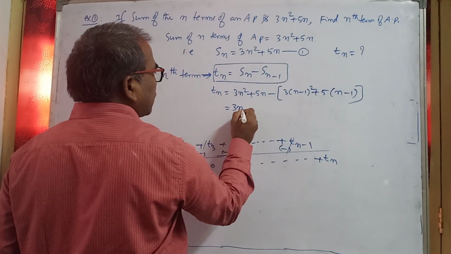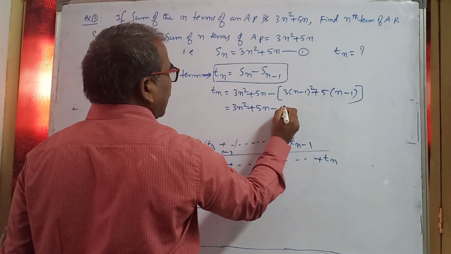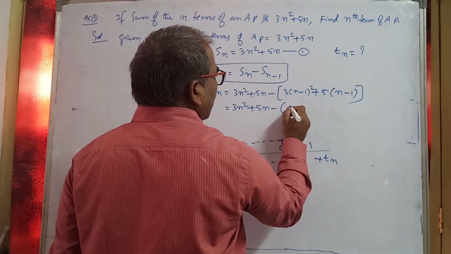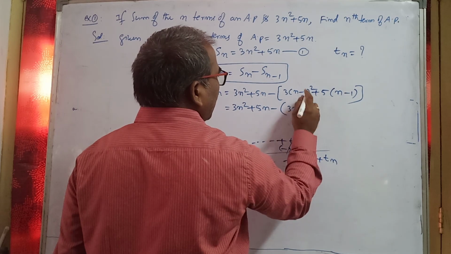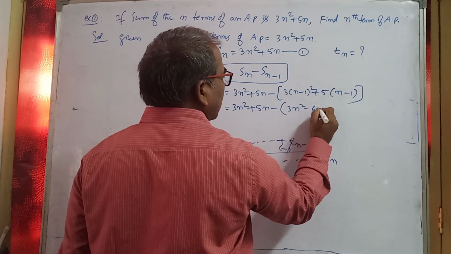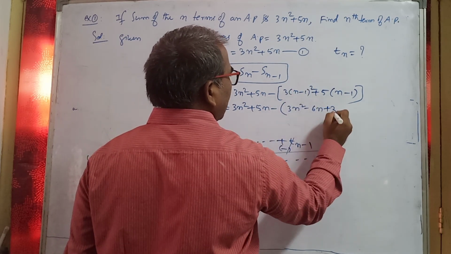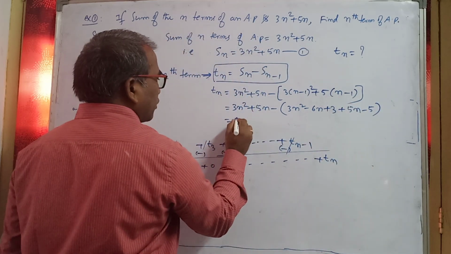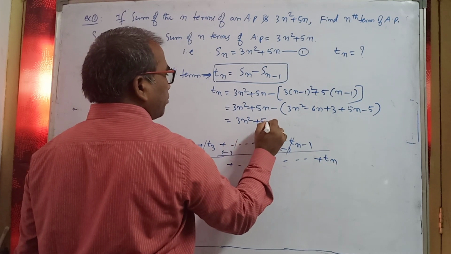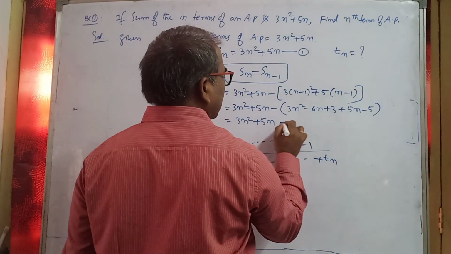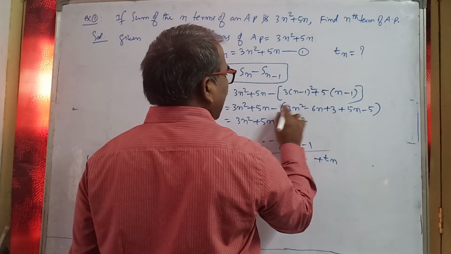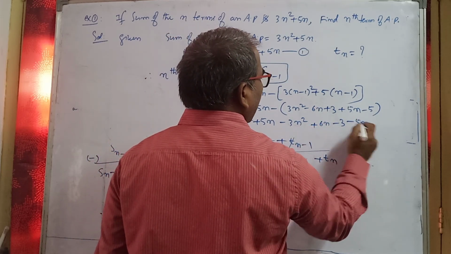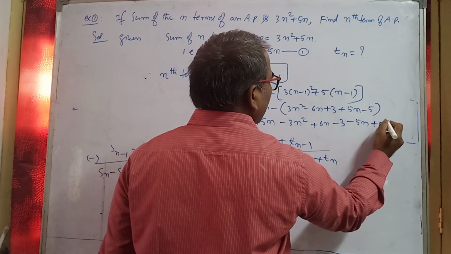Now remove the brackets. 3n square, 5n. First remove the inside brackets: (n minus 1) whole square. And 3n square I am writing directly, minus 2n, 2 into 3, 6n, plus 1 into 3. Plus 5n minus 5. So 3n square plus 5n minus 3n square, minus into minus plus 6n, minus 3, 5n minus into minus plus 5.